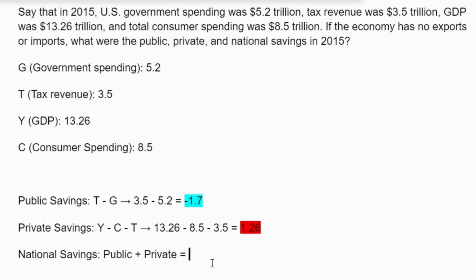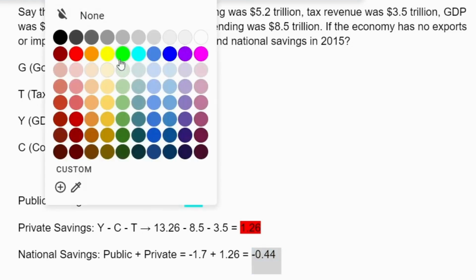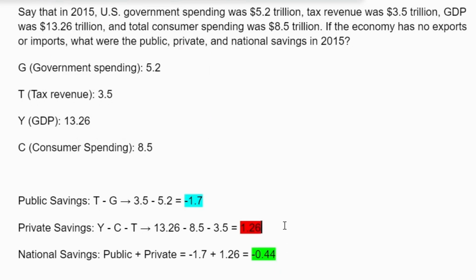So in this case, it would be negative 1.7 plus 1.26, that gets us negative 0.44 trillion dollars. And that's how you calculate public, private, and national savings in a closed economy.